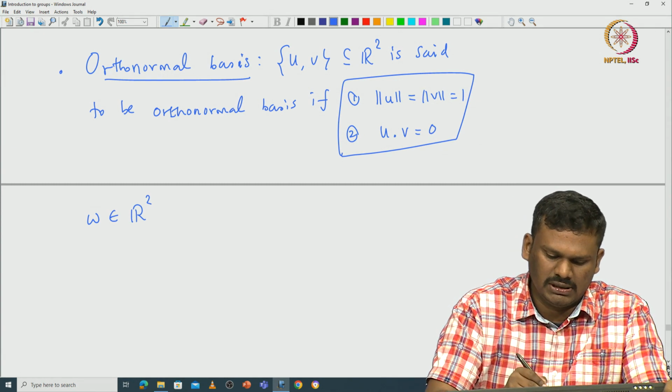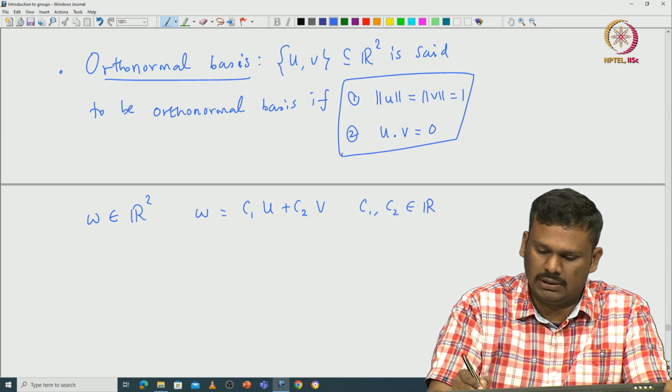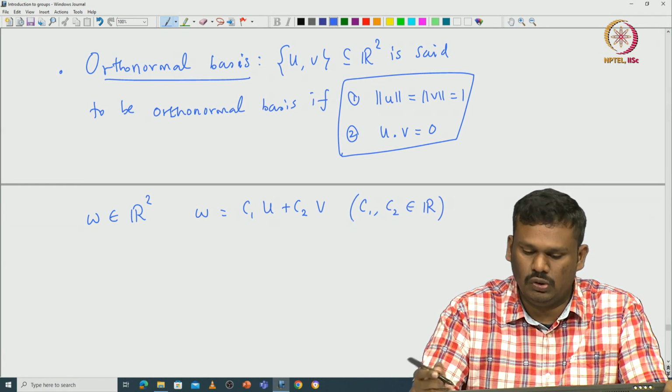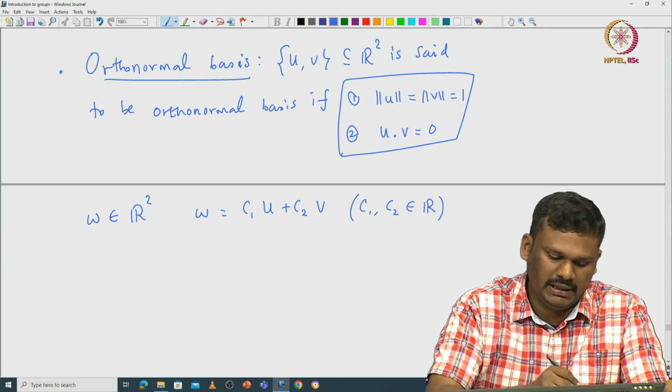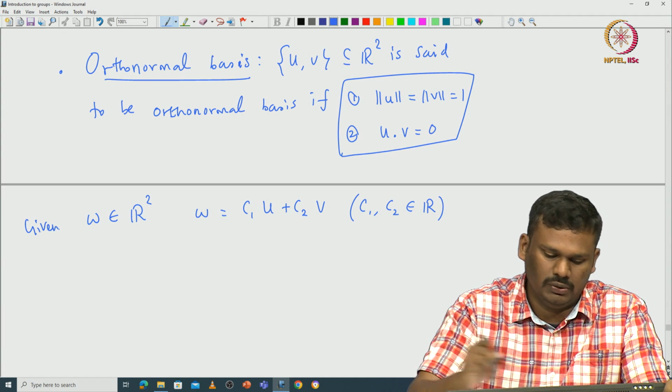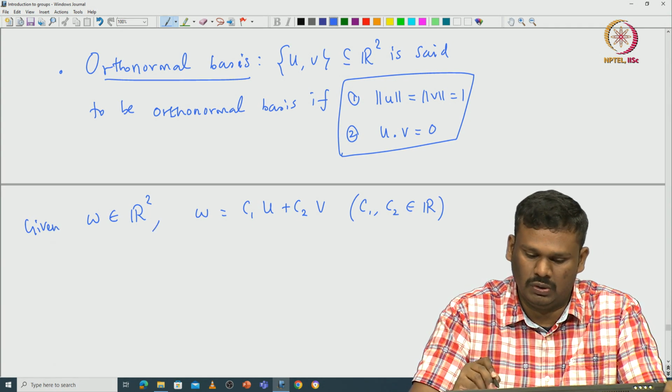So, you want to write w as C1 u plus C2 v for some C1, C2 in R. Note that u and v form a basis of R2.